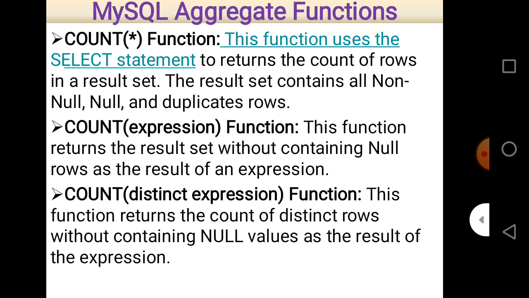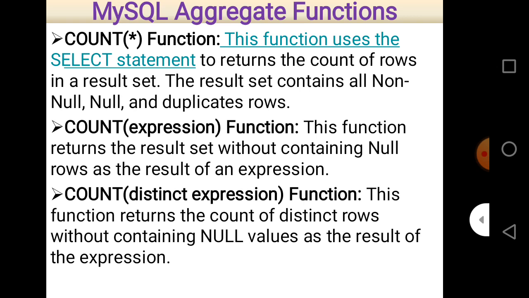And if we want to remove duplicate values and count each only a single time, for example, in a class there are 50 students in which 2 students have the same name, then if we use count distinct expression, it gives us 49. Why does it give 49? Because duplicate values are considered as a single value. So count distinct is used for that purpose.